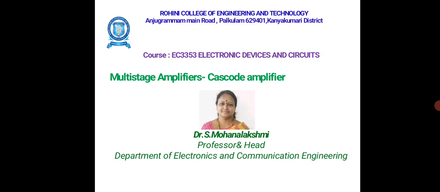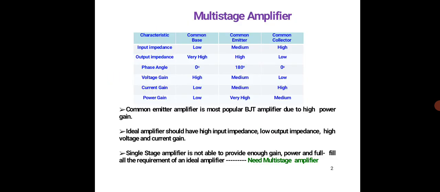So we'll see what multistage amplifiers are, and of course we'll see very briefly about the cascode amplifier. For multistage amplifiers we have various characteristics, say input impedance, output impedance, phase angle, voltage gain, current gain, power gain.